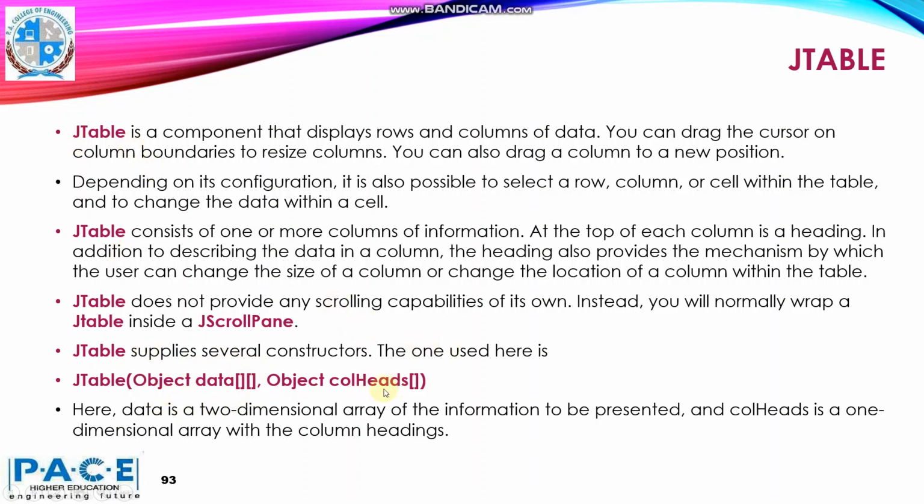Then another single-dimensional array called heads stores the headings of these columns. So there are two parameters: the first, a two-dimensional array, stores the data, and the second, a one-dimensional array, stores the headings.